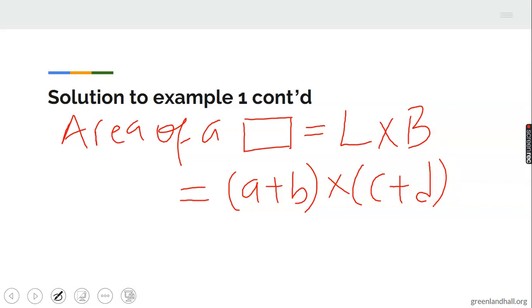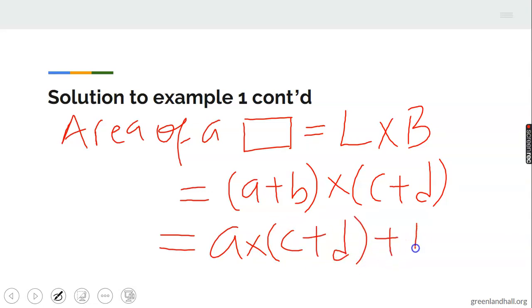We want to use this to explain how to expand brackets. Now, this is how it works. The first term here, multiply the whole term in the other bracket. Then the other term here, multiply every term in the other bracket also. What are we saying? We have A multiplied by C plus D. Now, the sign will follow, plus B into C plus D. Are you seeing it? Okay.